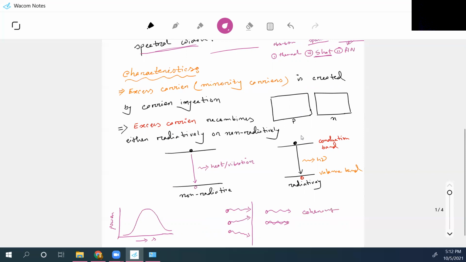Coherent means their direction and phase will be the same. If the direction is not similar and their phase also is not similar, it is incoherent. That's the reason the spectral width is very wide, unlike the laser.